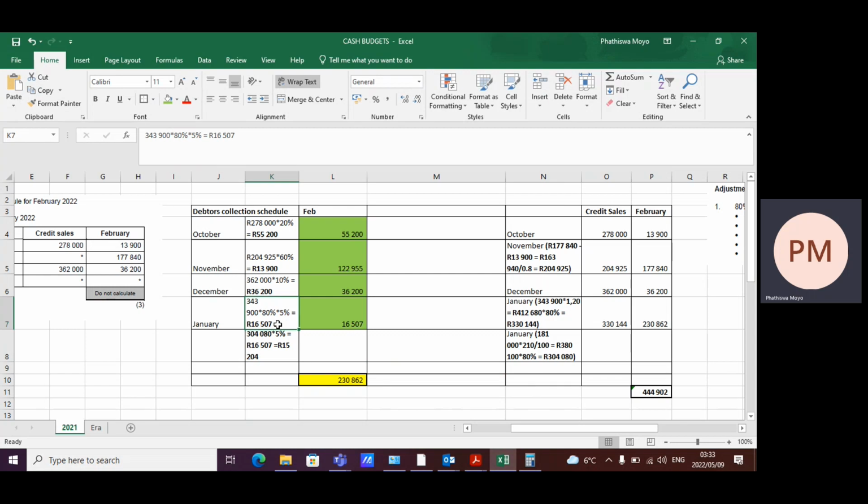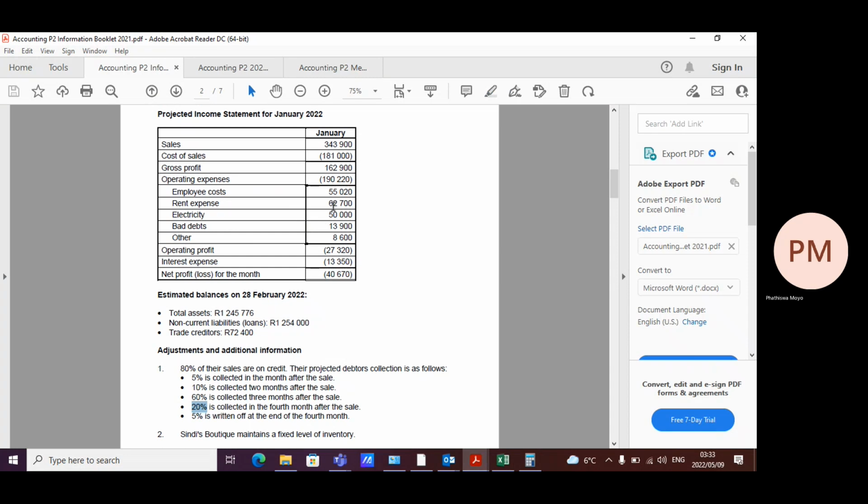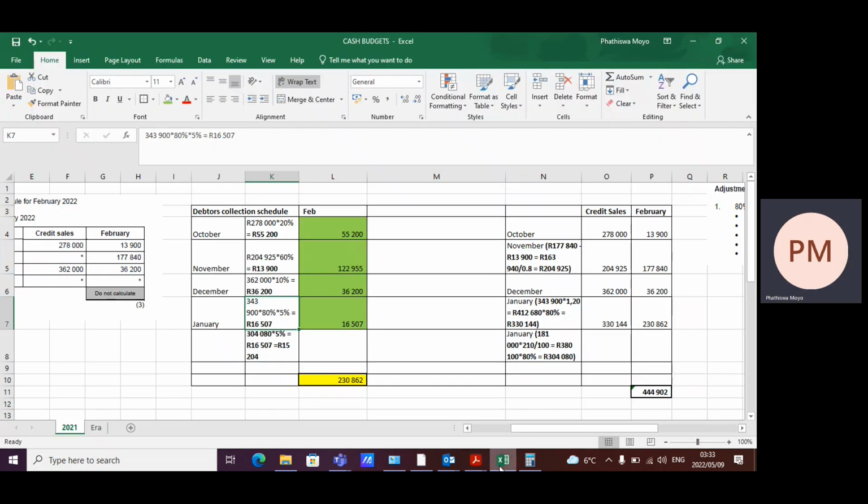Guys, the mistake I did, January sales, the credit part of it will be collected in February. So February, the 3144 I calculated, that is for March. Oh, detail.